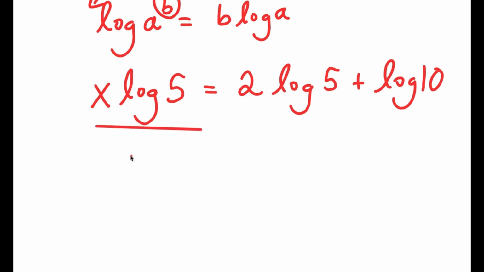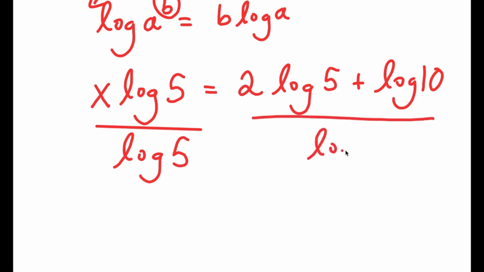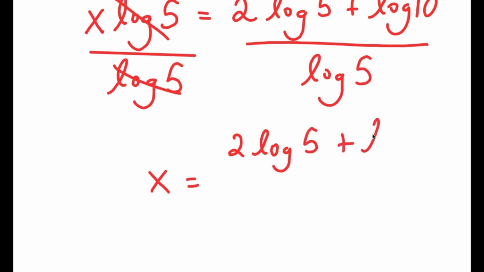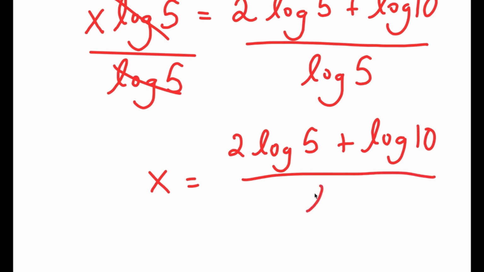Now I'm going to divide both sides by log 5. So then these two cancel out, and I get x is equal to 2 times log 5 plus log 10, over log 5.